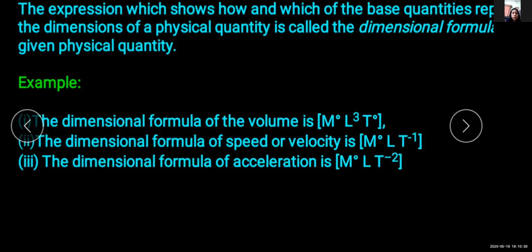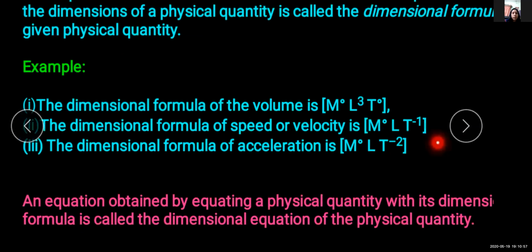And how to write the formula of acceleration? Acceleration is given by meter per second square, so we can write [M^0 L T^-2]. I hope this is clear to you.